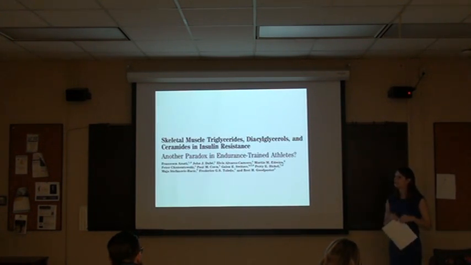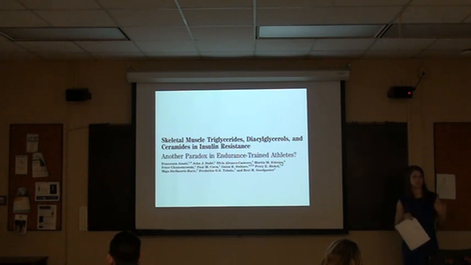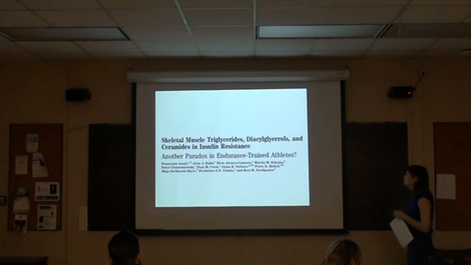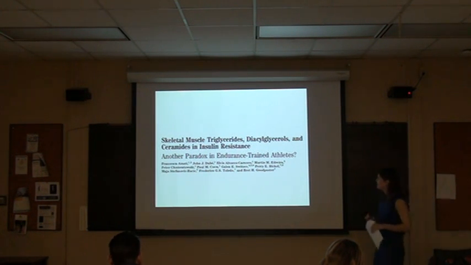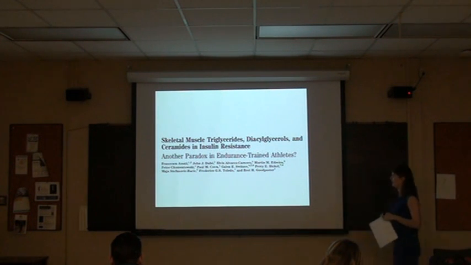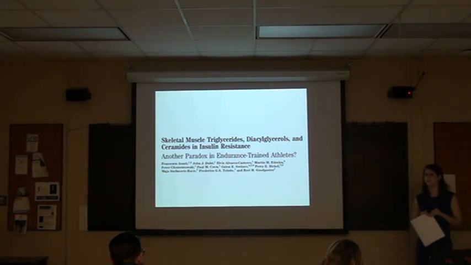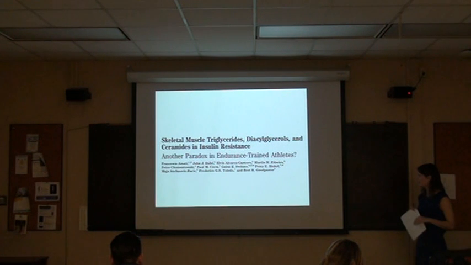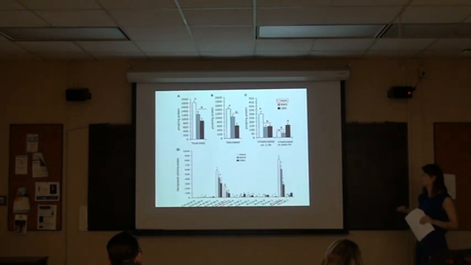So how does this relate to what other people are seeing in the literature and what other people have found? Brett Goodpaster does a lot of great work looking at lipids and insulin resistance. I think some of you, if not all of you, have heard about the athlete's paradox, especially when talking about endurance training athletes.